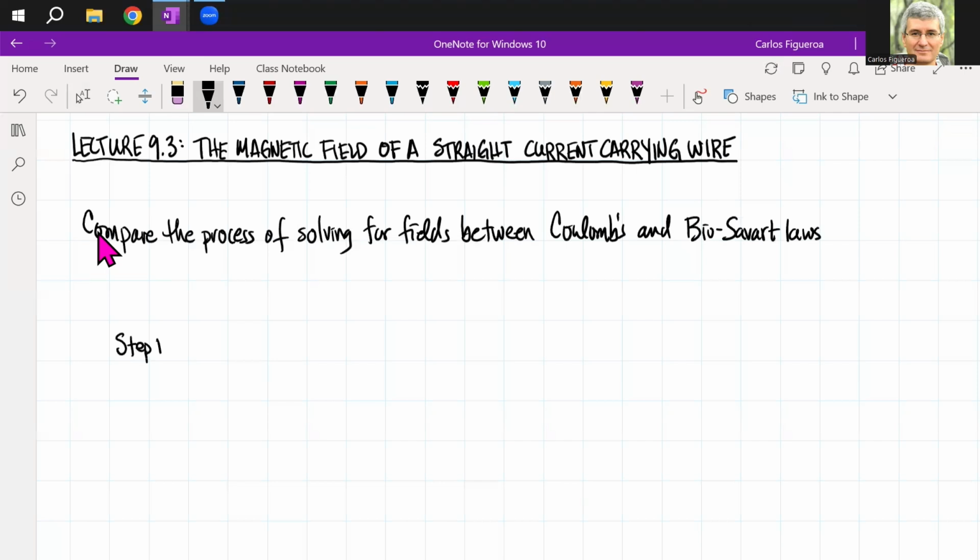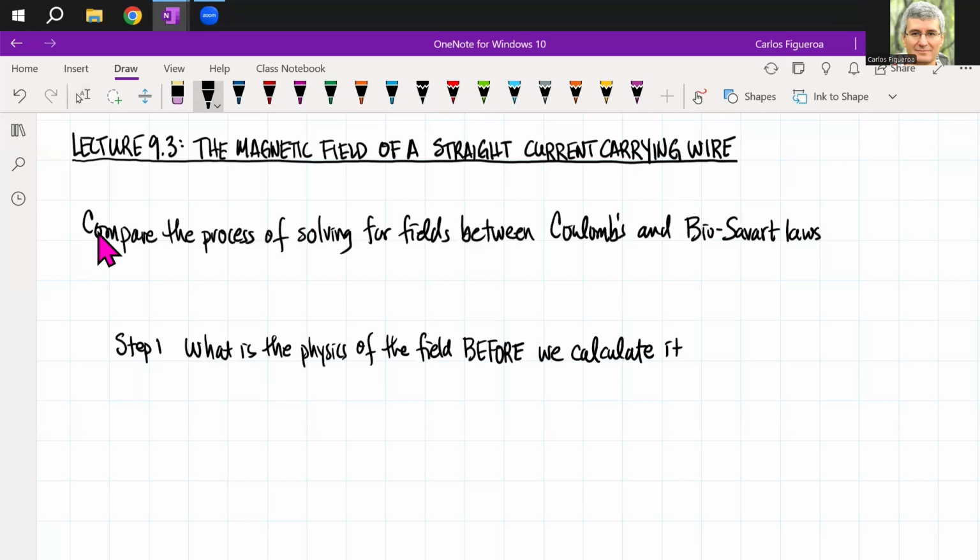And the first step, no matter what field we're talking about, is: what is the physics of the field before we calculate it? So that is true no matter what.